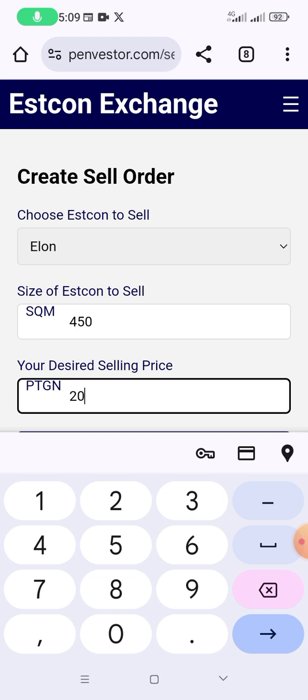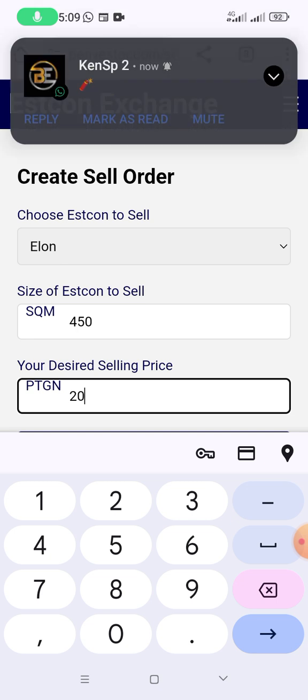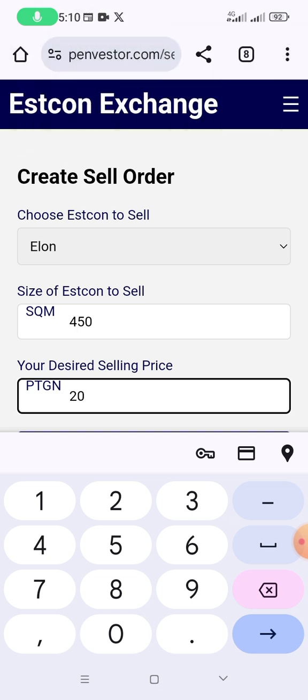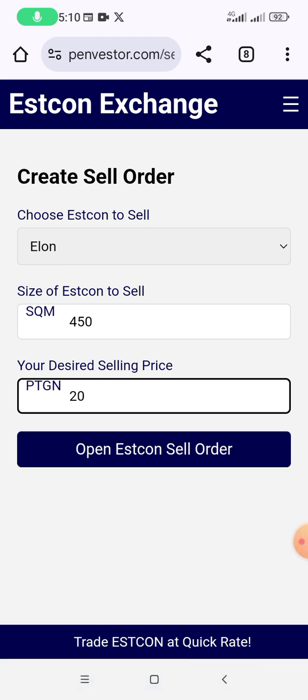The difference between 20 and 15 is 5. So once these two transactions complete, I'm going to get 5 PTGN as profit, because I bought at 15 and I sold at 20. Buy low, sell high. You get what I mean?